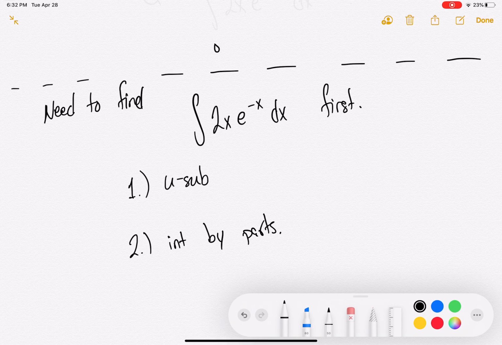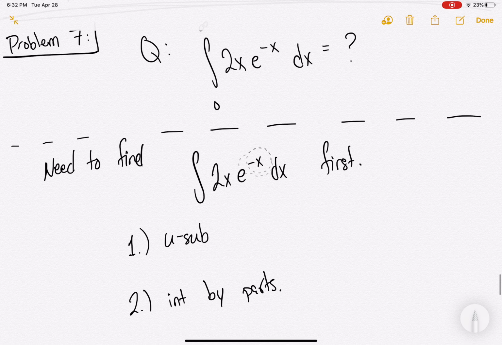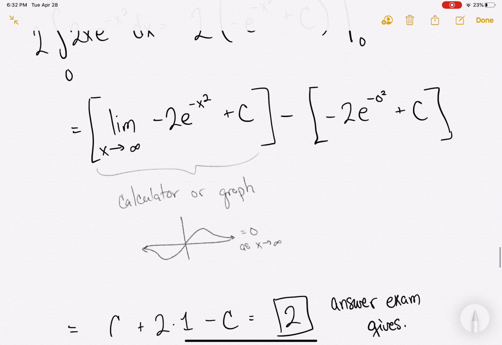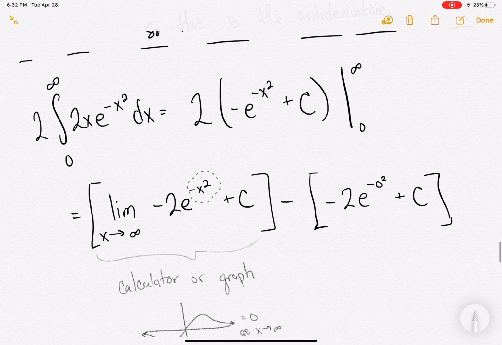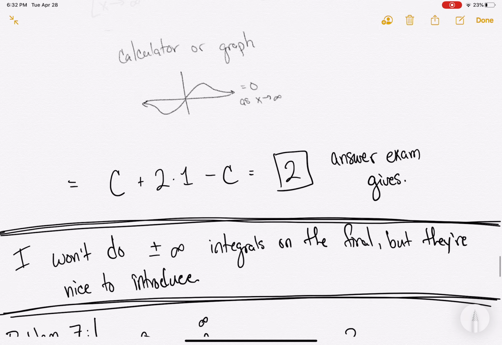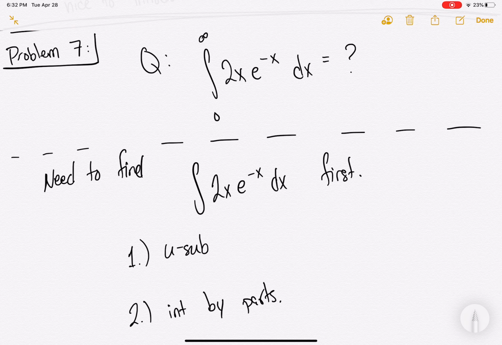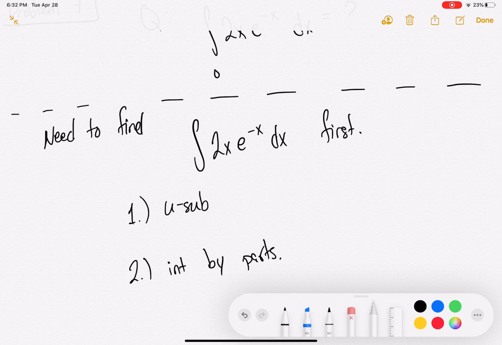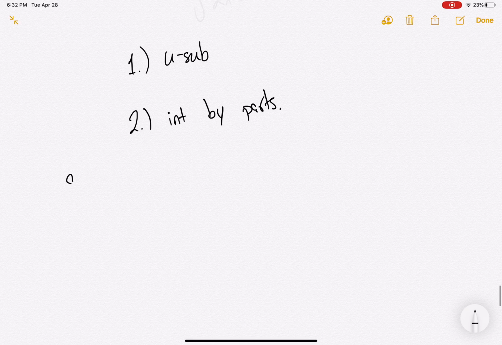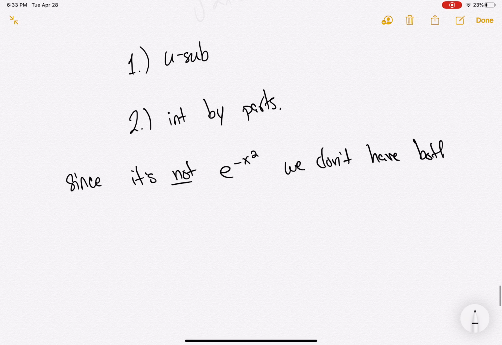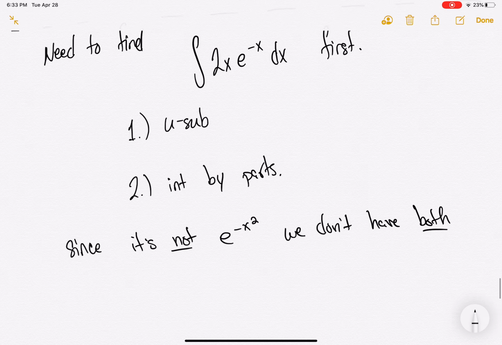Some of you might be wondering what the difference is here. Hopefully, when I point this out, you'll notice. There you go. E to the minus x in this problem. E to the minus x squared in this problem. So there's a very subtle difference here where it's e to the minus x versus e to the minus x squared. That's going to make a huge difference because since it's not e to the minus x squared, we don't have both a function and its derivative.